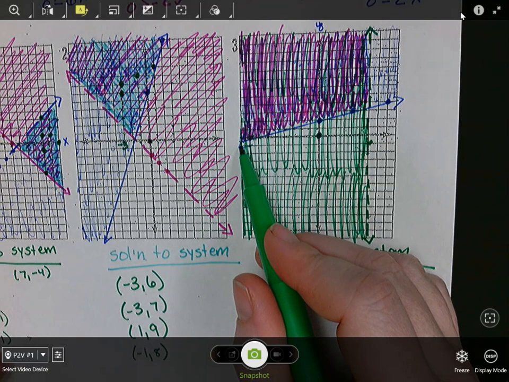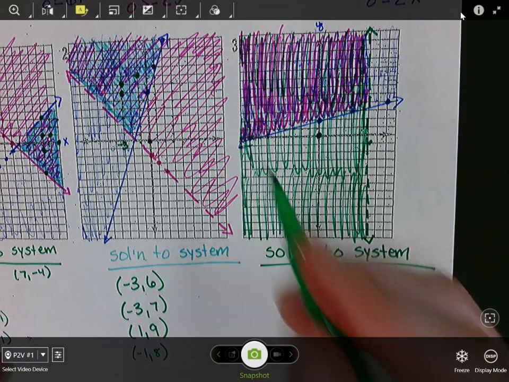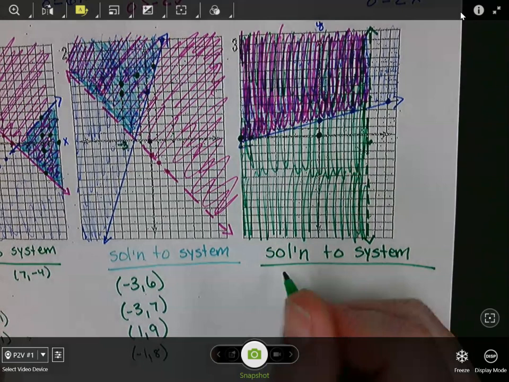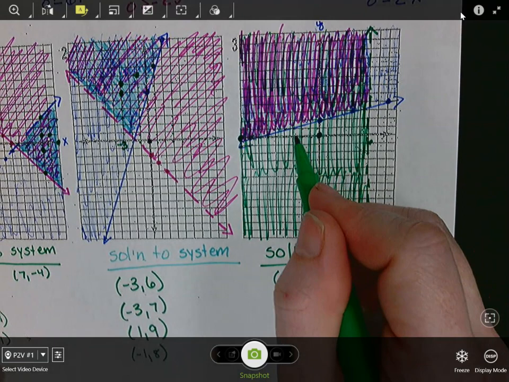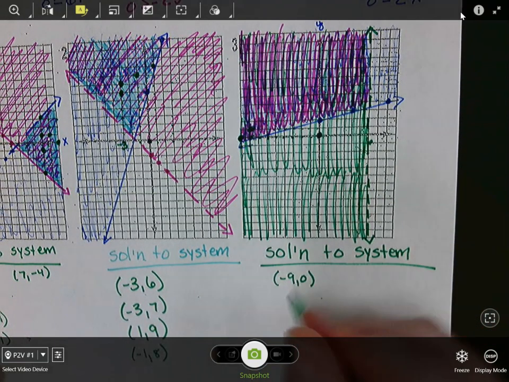It's almost there, but not quite. What about -9, 0? Okay. Would -8, positive 1 work? Let's count: 1, 2, 3, 4, 5, 6, 7, 8, and positive 1. Yep, that's in the shaded area.